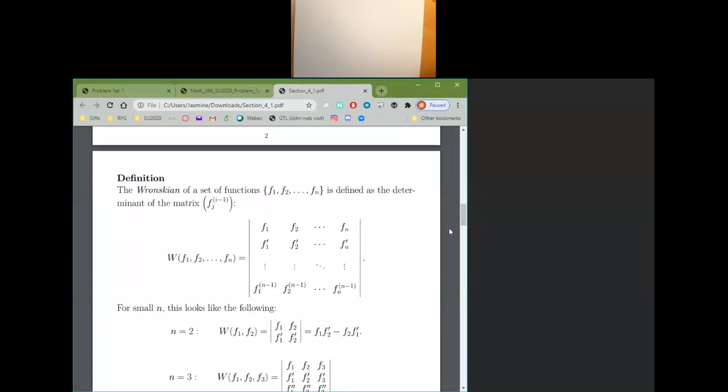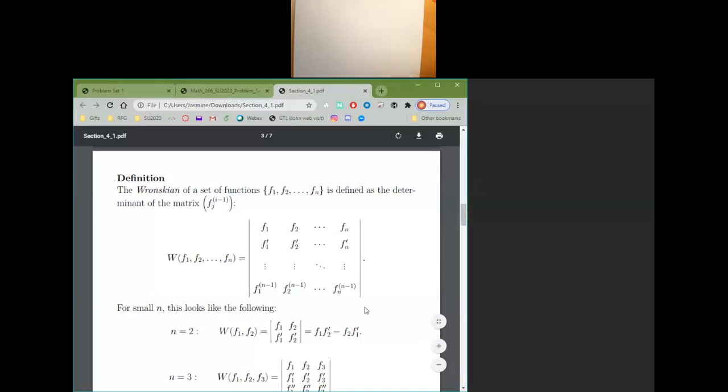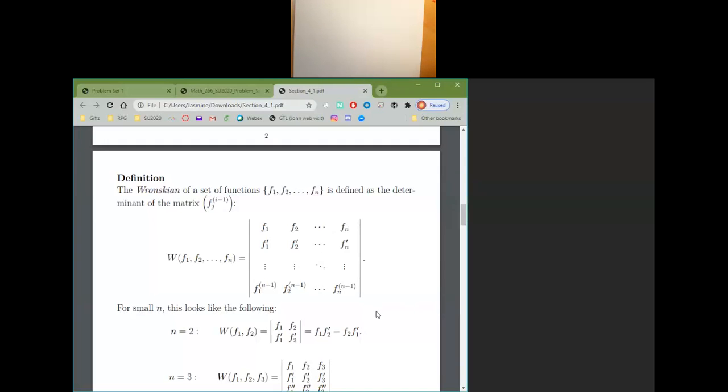Okay, so how many of you have heard of, well, hopefully you've all heard of Wronskian because you've all watched the lecture videos. But how many of you have previous experience with Wronskian? This is actually a really interesting matrix, by the way, for other reasons. Its derivative is extra nice.